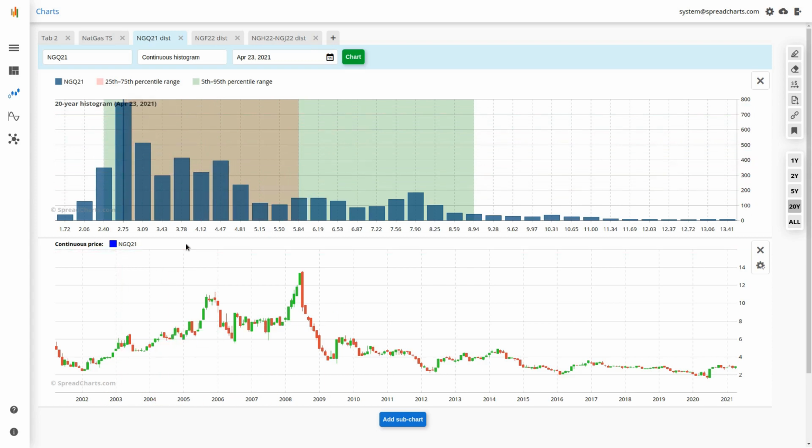So the prices are very cheap from the long-term perspective. And as I told you, I expect a mean reversion in the long term. I think we will witness higher prices of nat gas over the next few years.